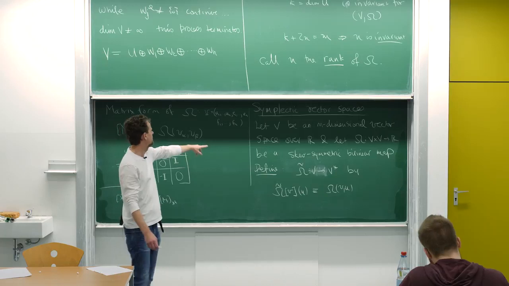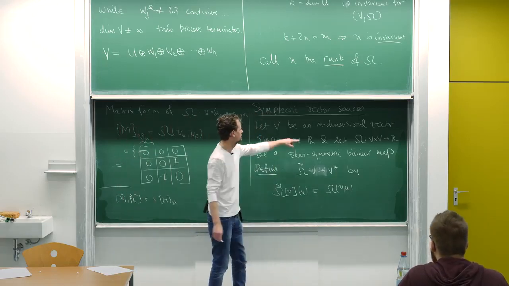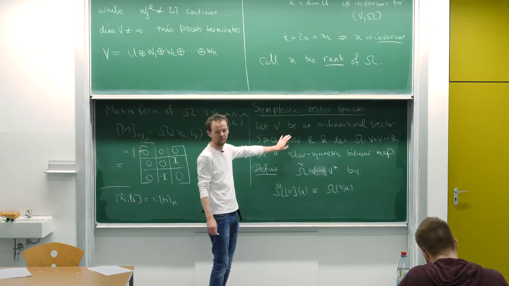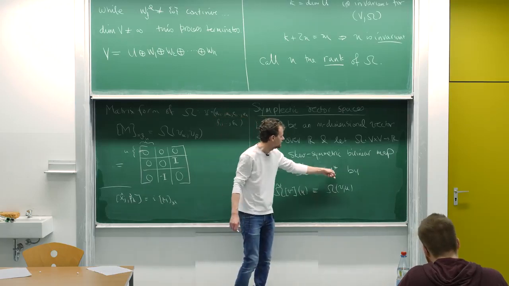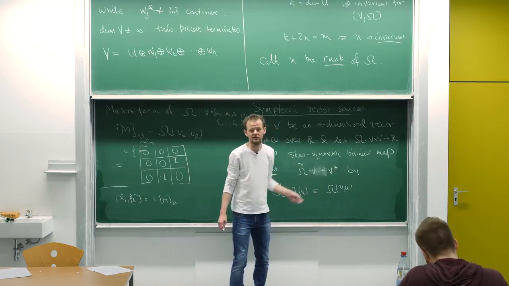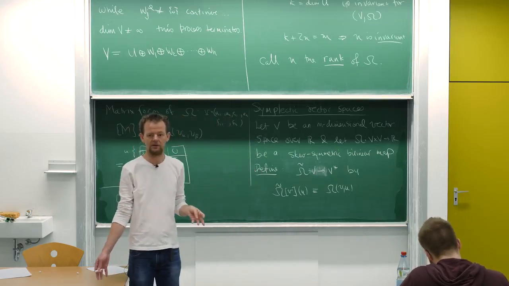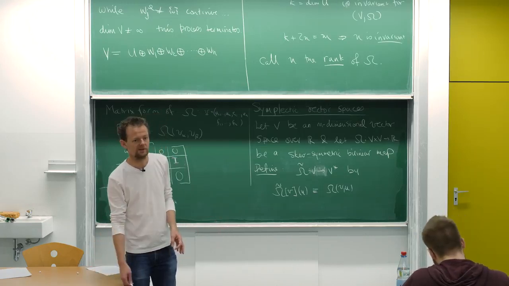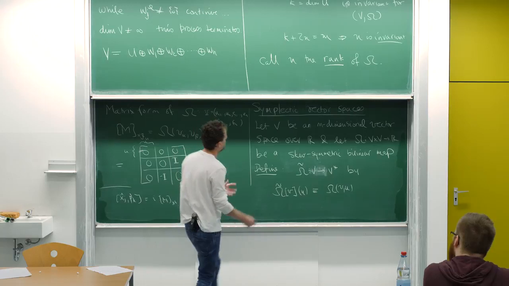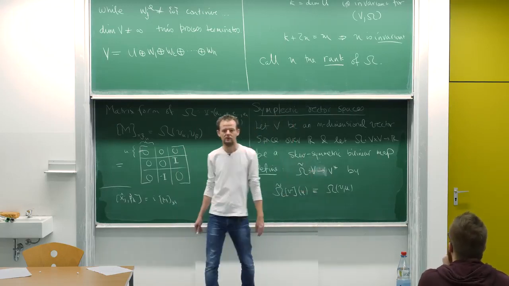So we're going to start with a skew-symmetric bilinear map, omega, on our m-dimensional vector space V. Then we're going to use this map to build a linear operator from V to the dual of V. So this is where we can start to mimic the role the metric plays in Riemannian geometry. What the metric does in Riemannian geometry is it provides us with an identification between V and its dual, which you don't usually get.